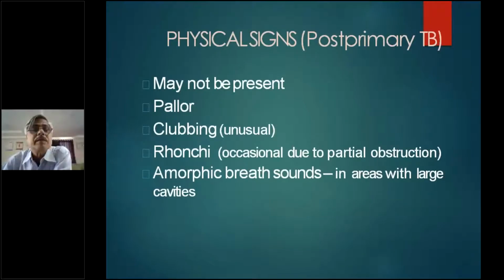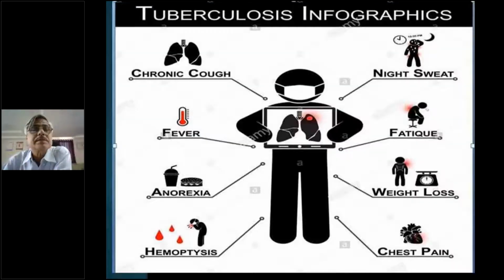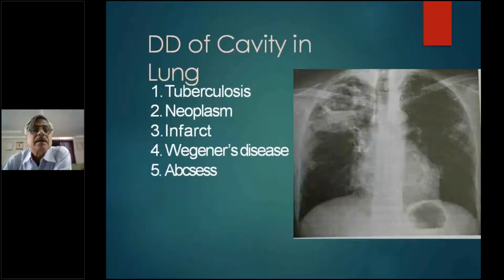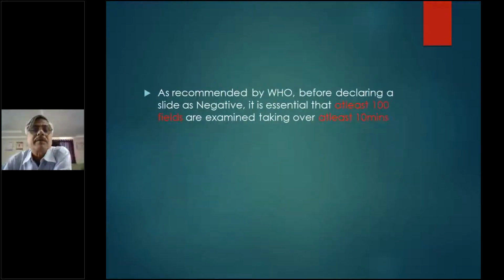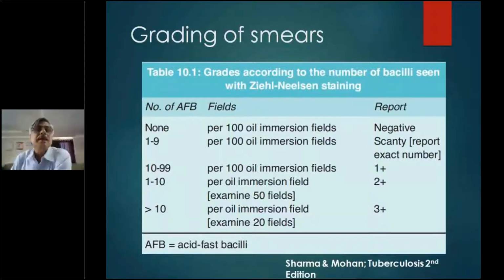You have to give the report as 1 plus, 2 plus, like this. At least 100 fields will be taken. I already told you that about 10,000 to 50,000 bacilli should be present in 1 ml of sputum, then only it will give a positive report.